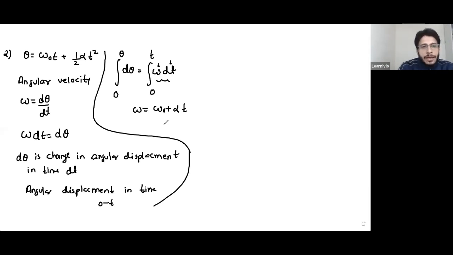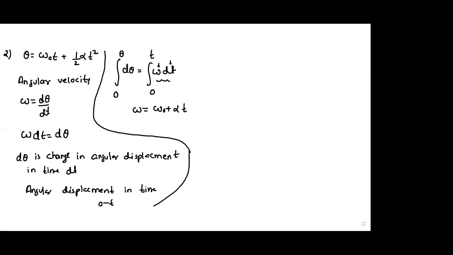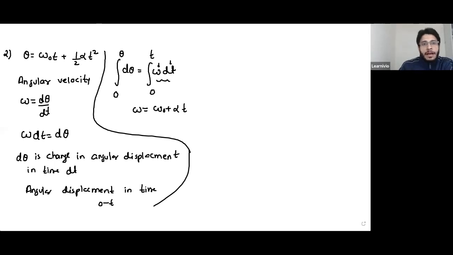So to remove omega, I just substitute omega naught plus alpha t. Someone asks whether omega naught plus alpha t is constant. Let's check. I'm first just substituting, then we'll see one by one which term is constant and which is variable, because you can have one variable but not two different variables.